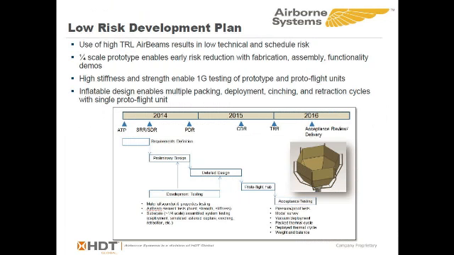A couple of key features here I just want to point out: this technology is very scalable. So, we can build a small beam like this. We can build beams that are 36, 40 inches in diameter, many meters long. And so we could very easily design and fabricate a scale version of this for early testing.